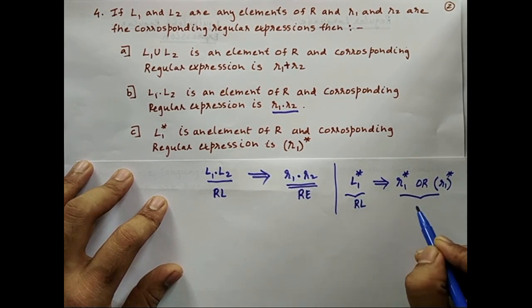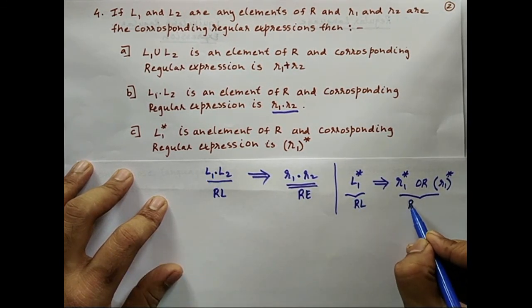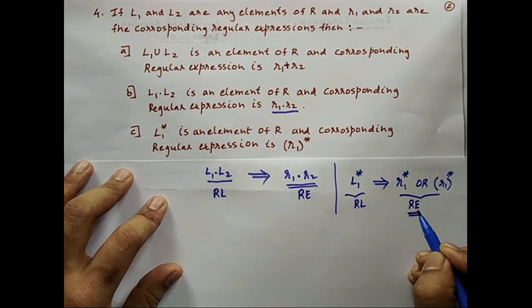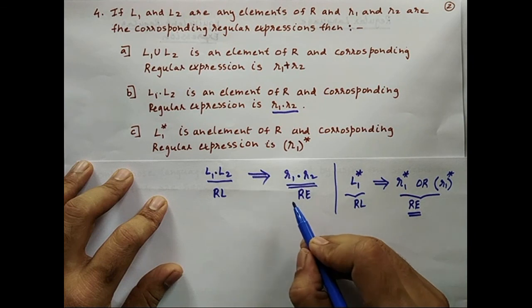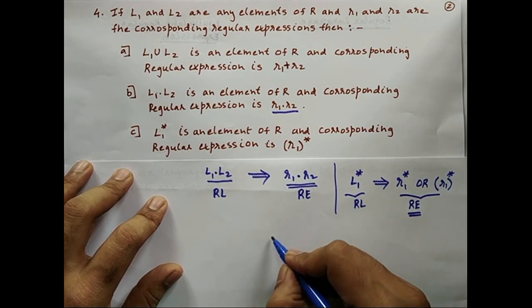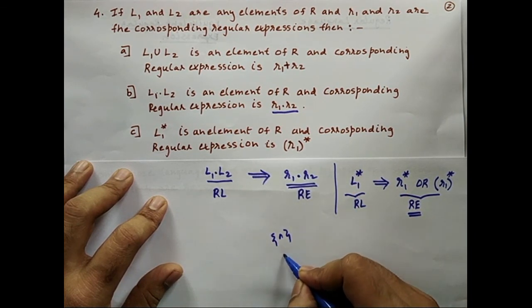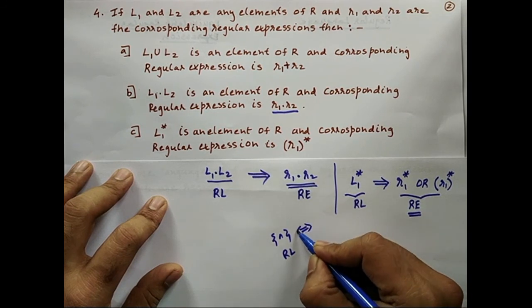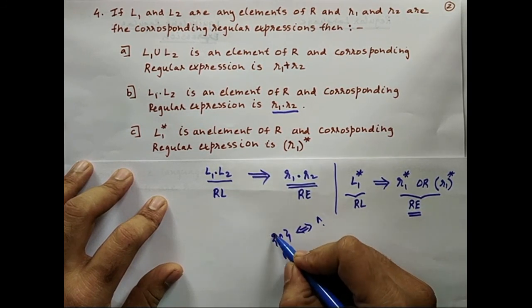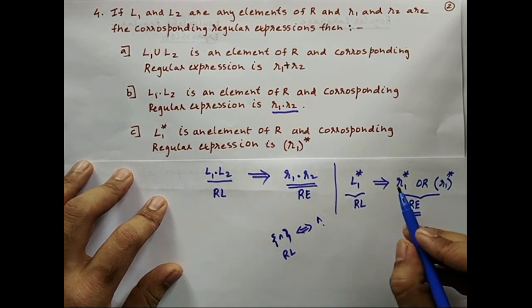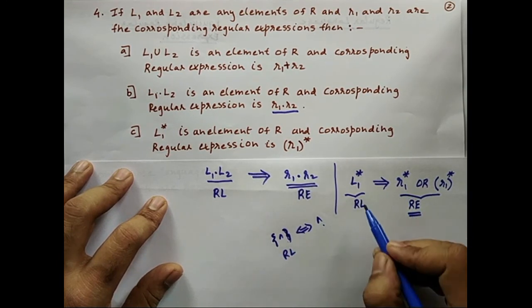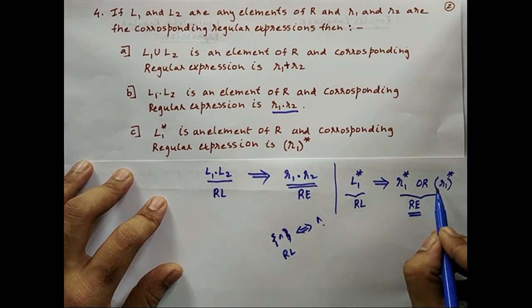Remember, I just told you in the previous definition that regular expressions are obtained from the regular languages either by dropping the brackets. For example, in the previous case, when null was a regular language, we said that the regular expression is just null. Here we had dropped the curly brackets. Second, by replacing curly brackets with parenthesis.